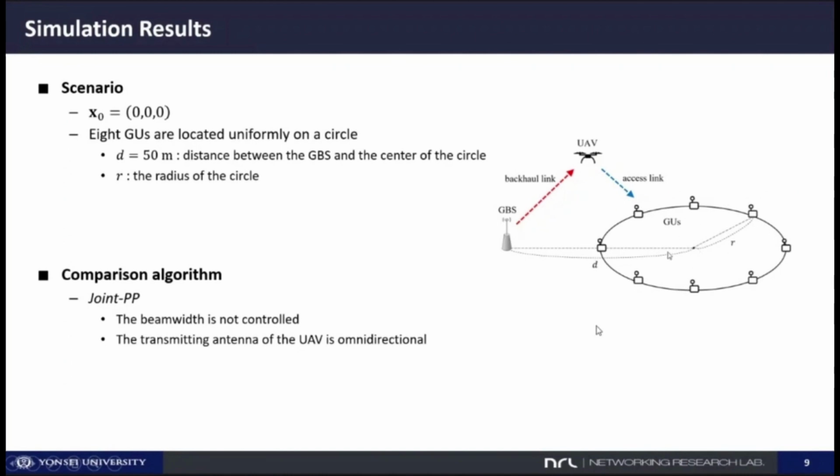It's just a simple scenario. Usually I see that they employ users in random locations and increase the radius. Yeah, we also can simulate various scenarios, but in this presentation, we only show this scenario.